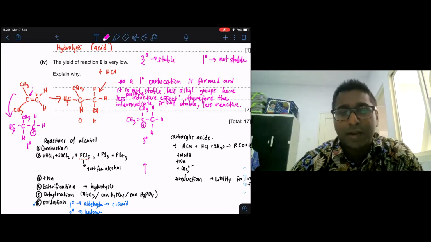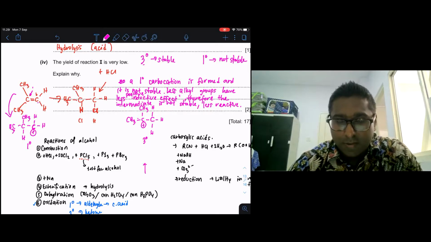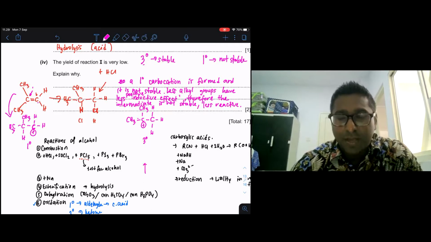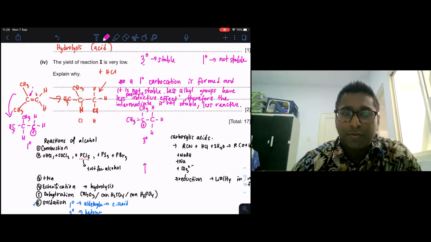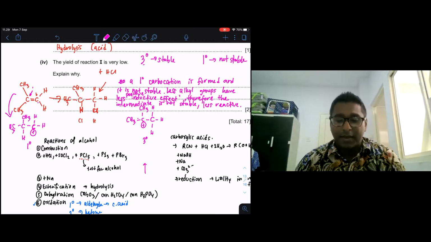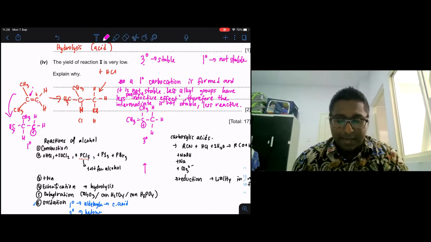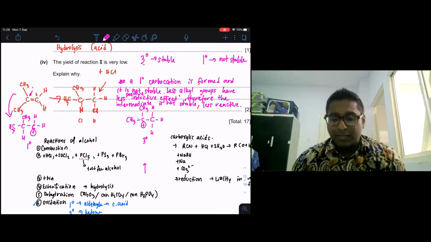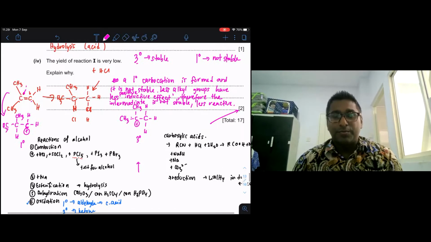So when they donate electron, they will make the negative charge become more positive. So now you have less positive inductive effect. If you have questions on this inductive effect, please ask me later. But you need to mention this inductive effect in order to get the two marks over there.